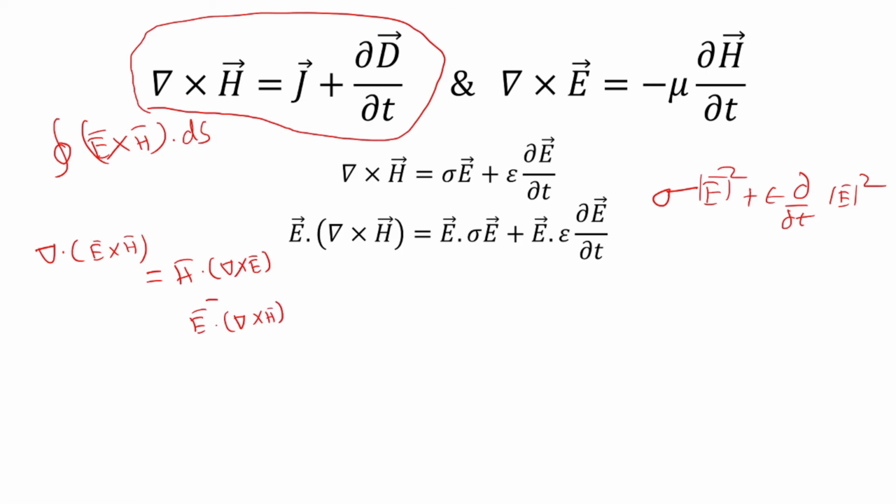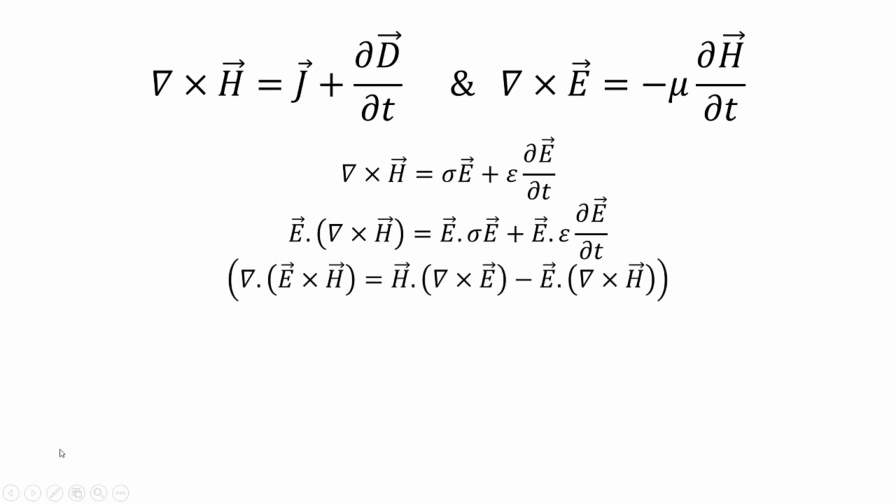So from this, I can obtain that E bar dot del cross H bar is equal to H bar dot del cross E bar minus the divergence of E bar cross H bar. Let me show you that here.